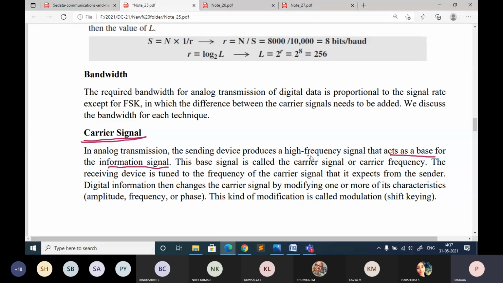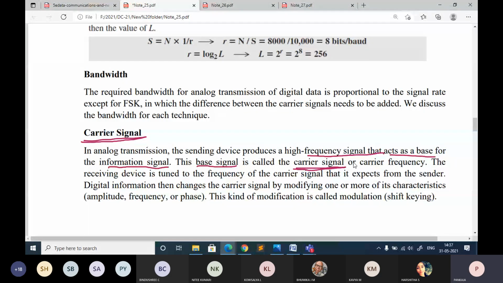You combine that with the data, and that high frequency signal we call the base signal, or the carrier signal. The term carrier means it is going to carry the data, or carrier frequency. These are the different terms used.